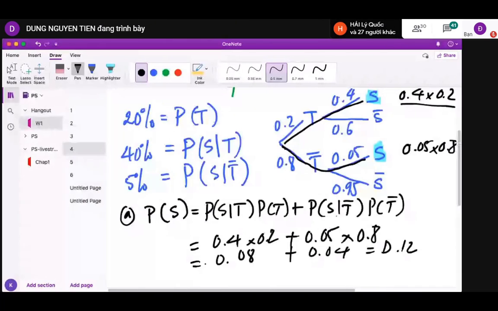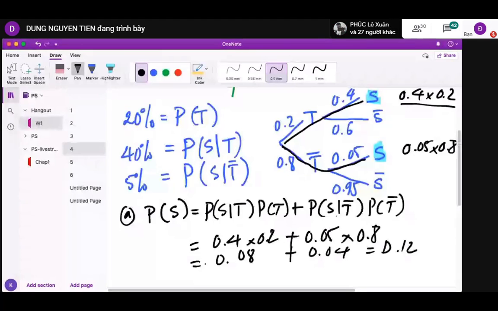Next part, the probability that the order includes a tent given it includes a mat. So you want to find the probability of T given S. Whenever you see the word given, or if, or provided that, then you should think of conditional probability.